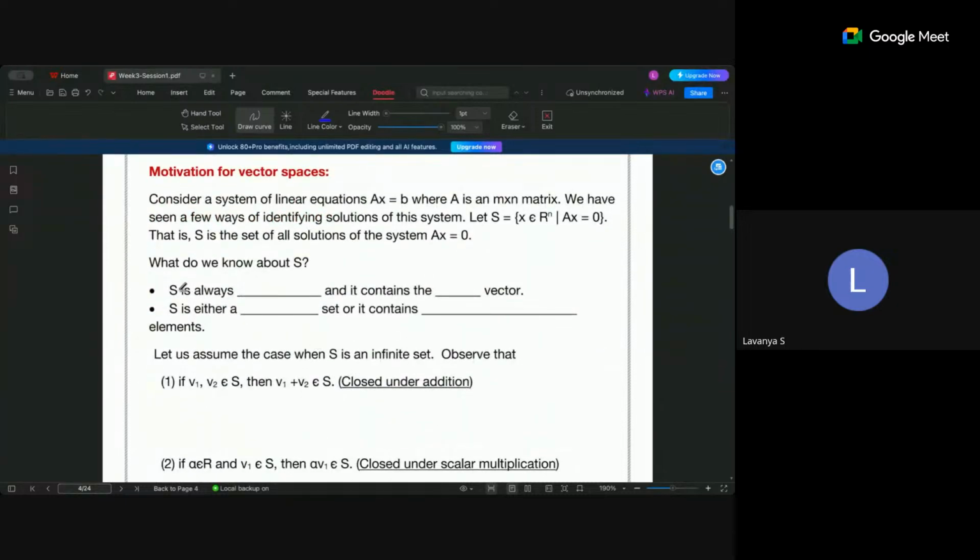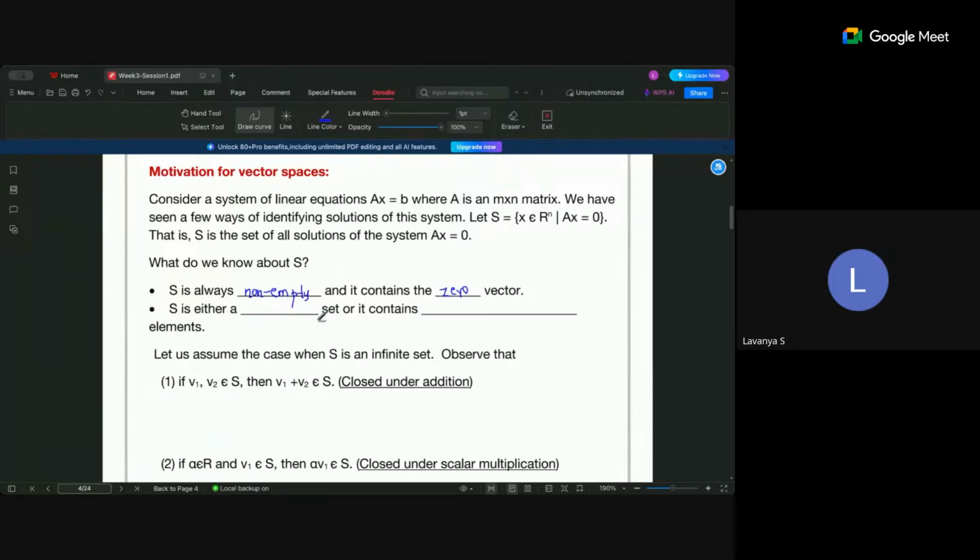Now what do you know about this set S? What is the element which is always there in S? We are talking about a set. In the homogeneous case, it will be 0. S is always non-empty, and the vector it always contains is the 0 vector in Rn.